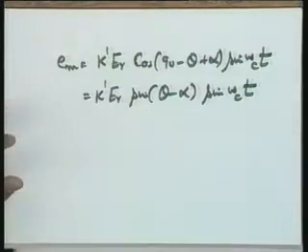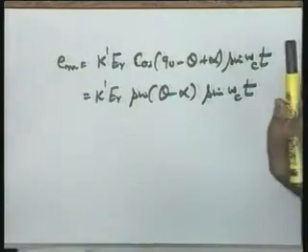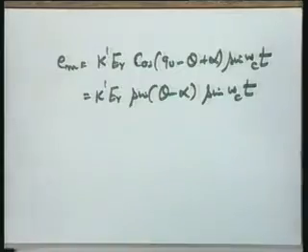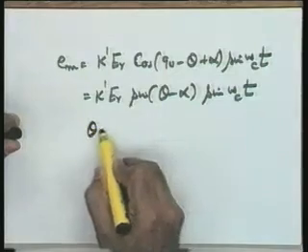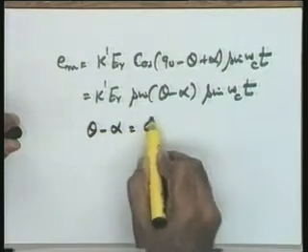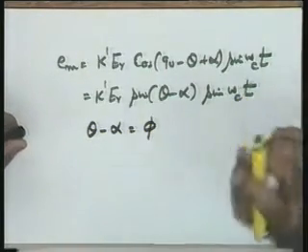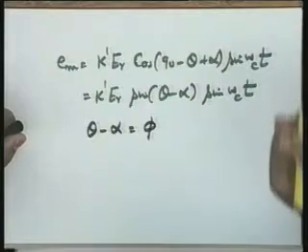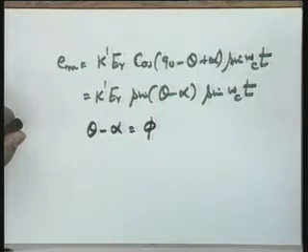Now recall the statement that the synchro pair is going to be used as an error detector in a control system. As soon as the error theta minus alpha, equal to phi, becomes greater than 0, the function of the controller will be to reduce this error to 0 as soon as possible.